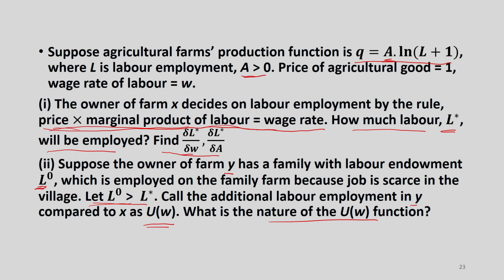So, the people in the family work on their own firm, and L0 amount of labor will be employed. We are trying to see the relationship between L0 and L star. So, that is the background of this problem. It is a very important and quite familiar problem in the literature of development economics.